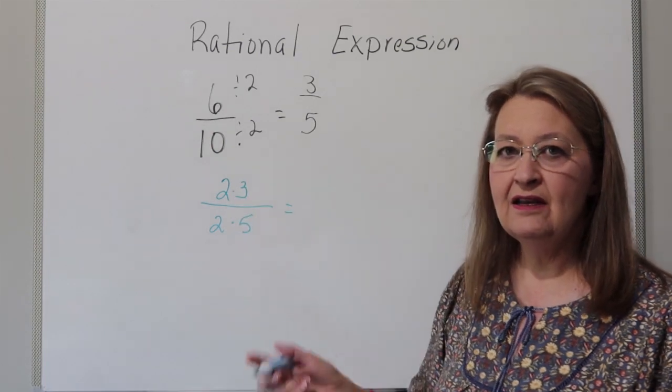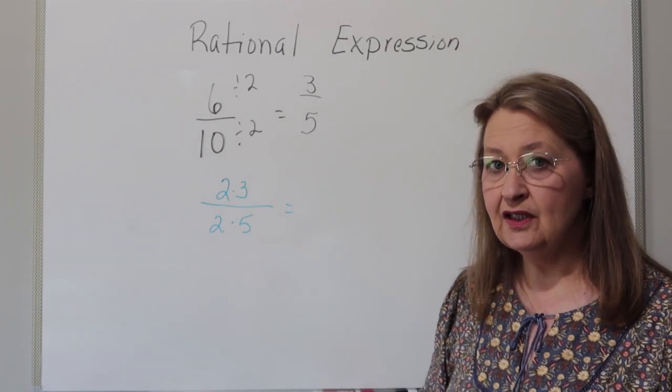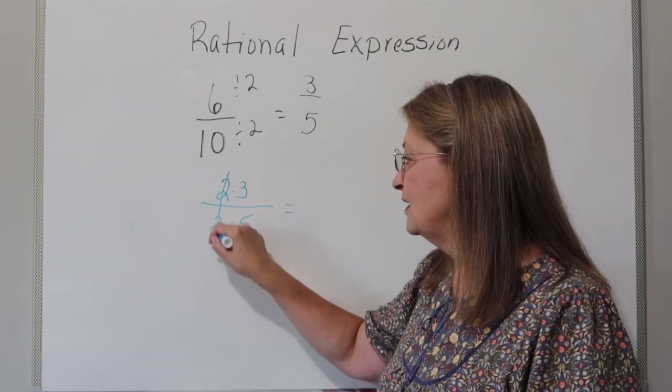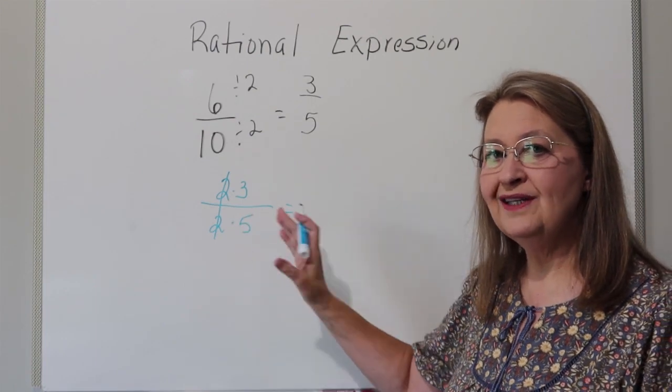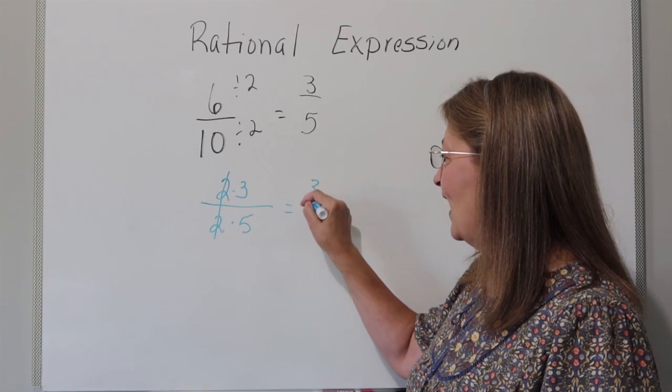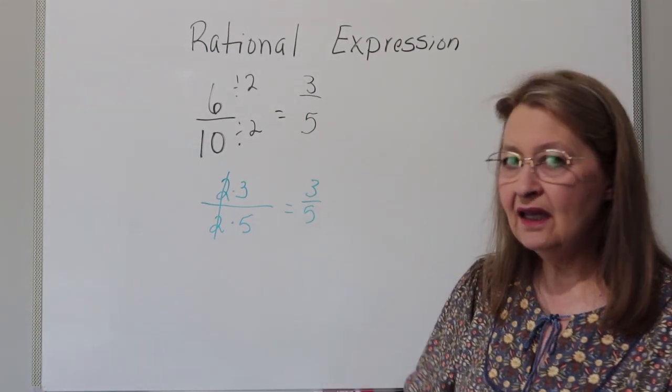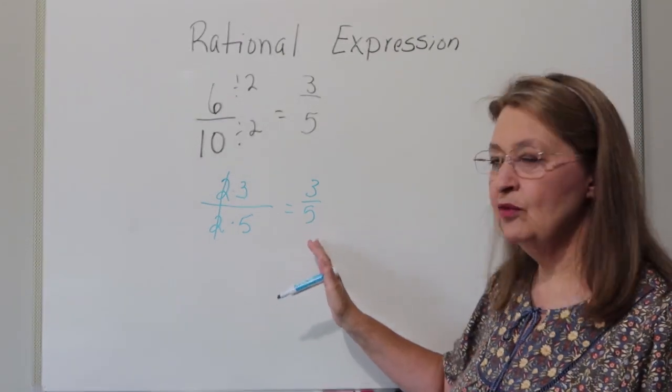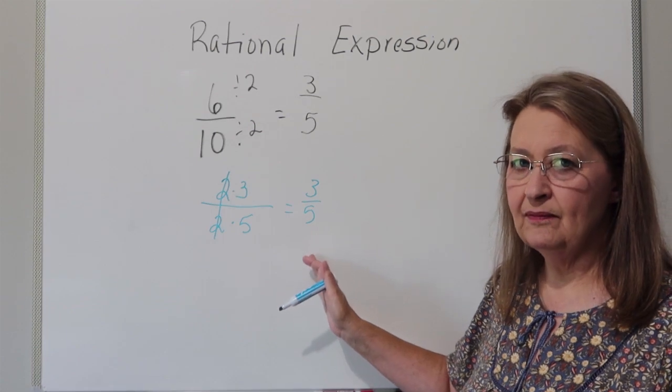Now, what is any number over itself? It's 1. So we said, okay, this makes 1, and 1 times everything is that number. So that's how technically you came up with the reduction of 3/5.